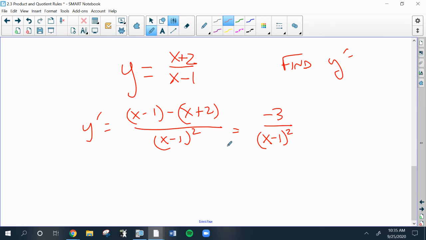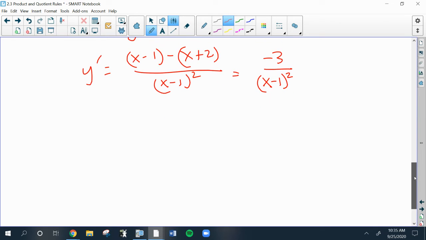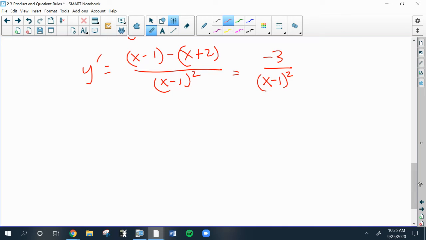Now the second derivative, you can go back to the quotient rule. I guess we're going to have to.